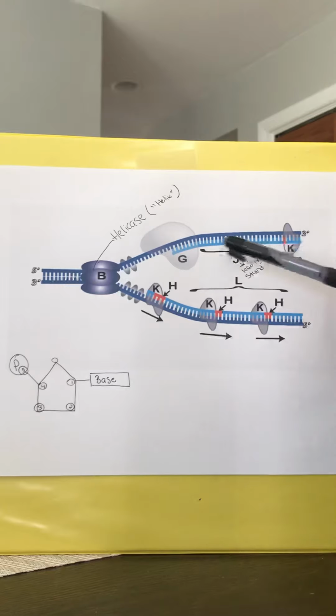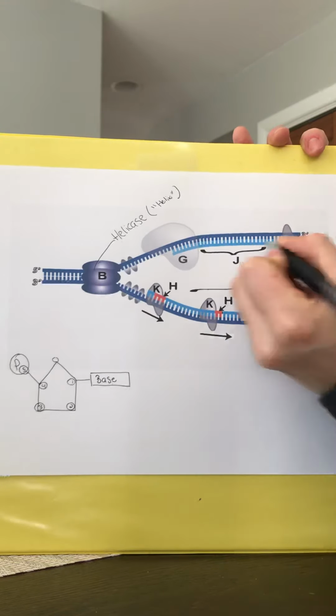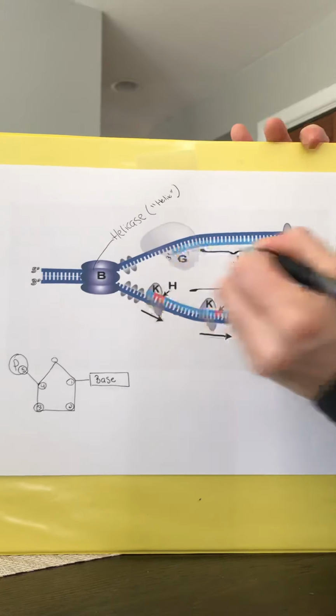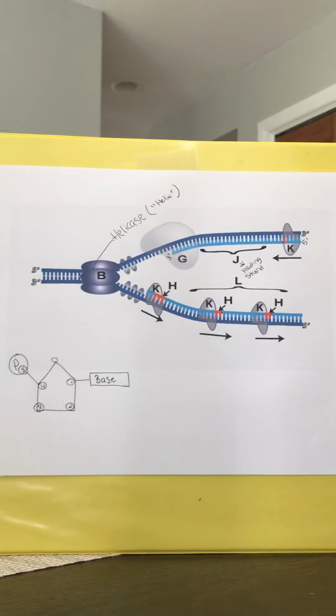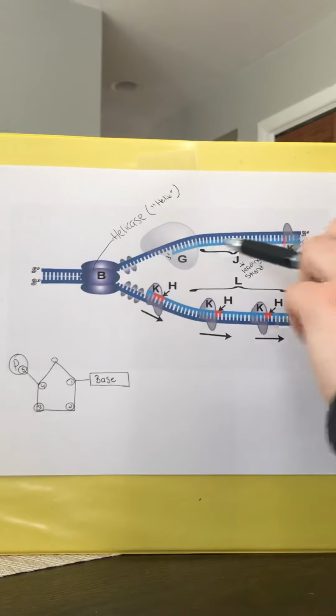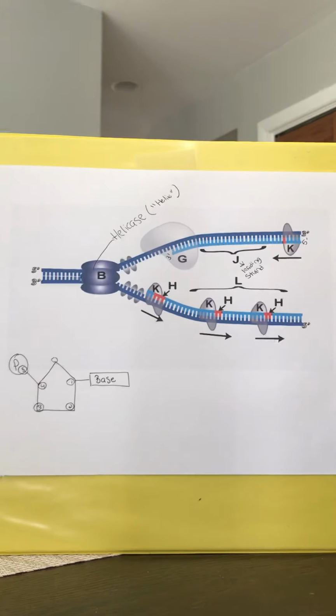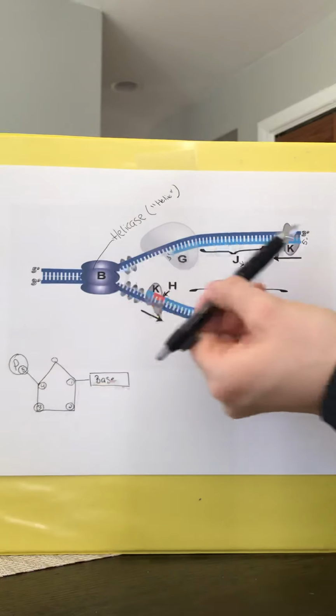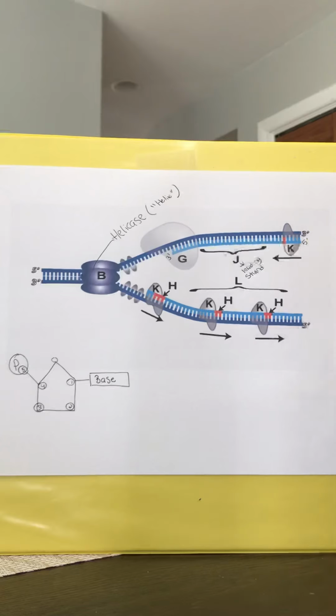This one gets synthesized continuously in the 5' to 3' direction. So that will take place continuously, running anti-parallel to the template strand, so it will go in the 5' to 3' direction.